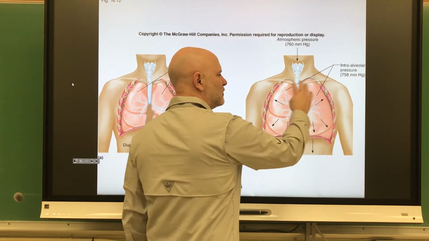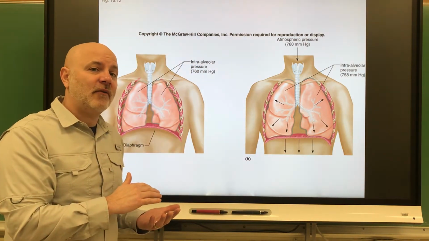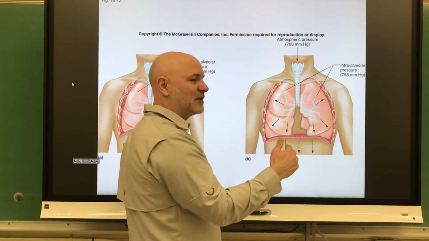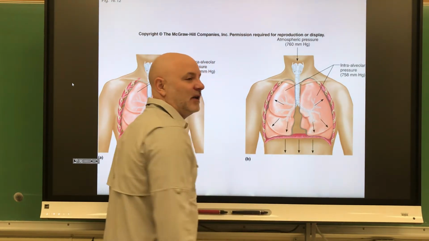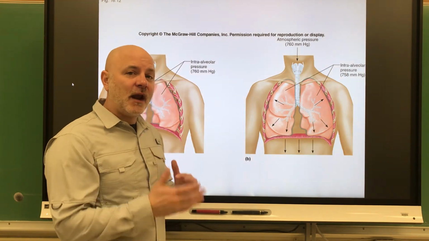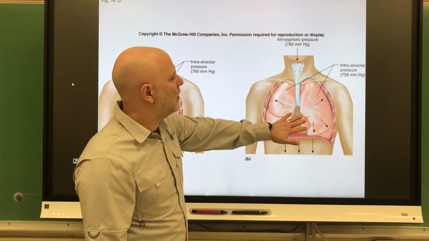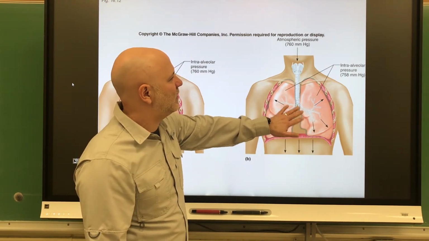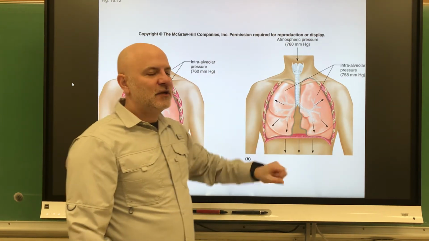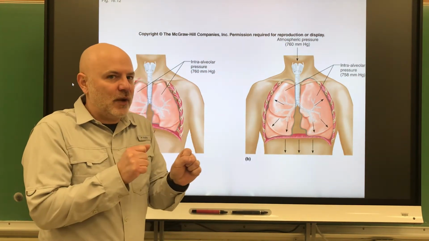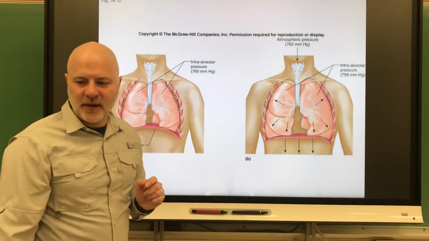And what that is going to do to the volume in our thoracic cavity is increase it. So we're going to increase the volume in our thoracic cavity, and by doing so, we're going to decrease the air pressure within the thoracic cavity. And because there's a lower air pressure inside the thoracic cavity than what's found outside, air is going to move in to equalize the pressures. Just like when you pull on a syringe, air moves in there. That's essentially what we have done, the same thing here.